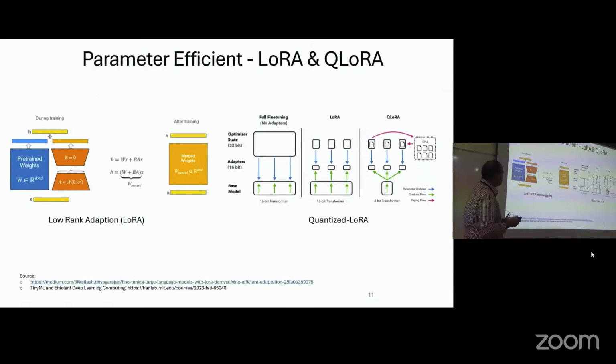Then there are two other techniques which also help in reduced footprint. In the previous two cases, we are not actually changing the model weights. In this case, we will also not be changing too much of the model weights. But there is something called low rank adaptation. When the weights are updated, there is a delta of the weights that needs to be added, so that the changes are reflected and used for generation.